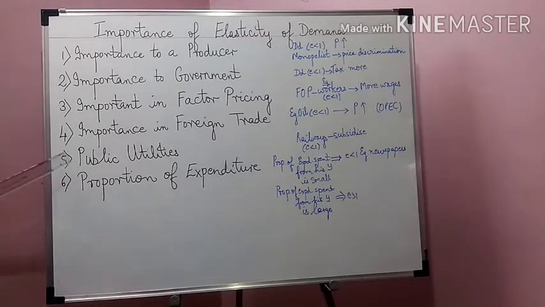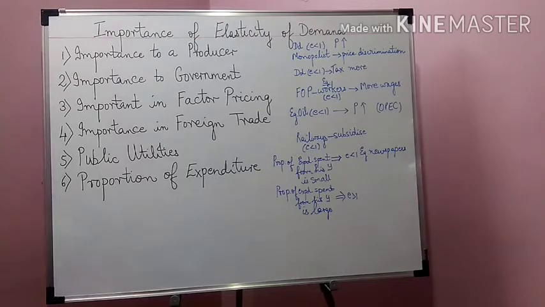Fifth point, public utilities. In case of public utilities like railways, which have an inelastic demand, government can either subsidize or nationalize them to avoid consumers' exploitation. And lastly, proportion of expenditure.